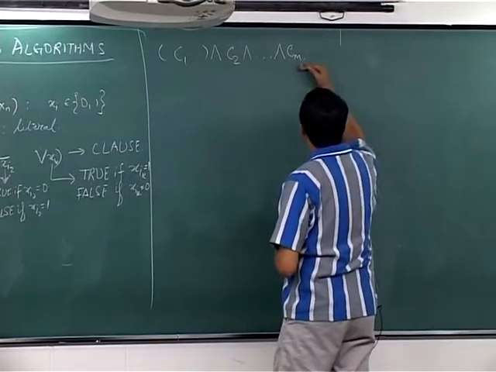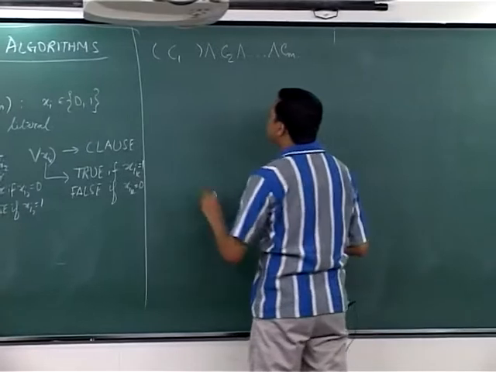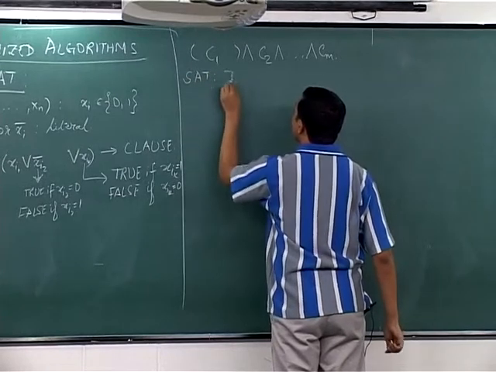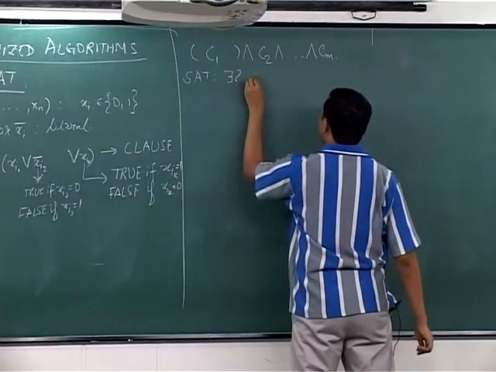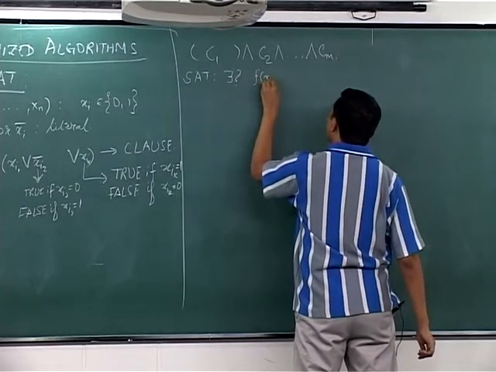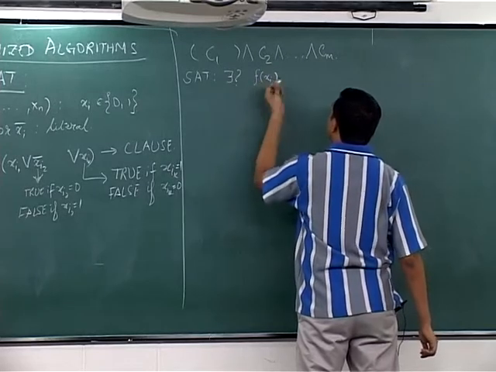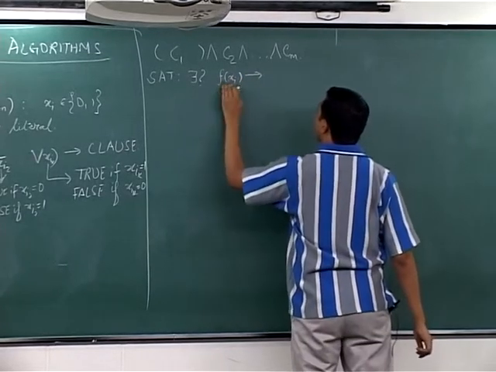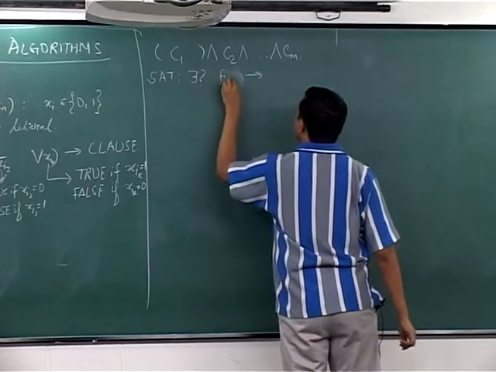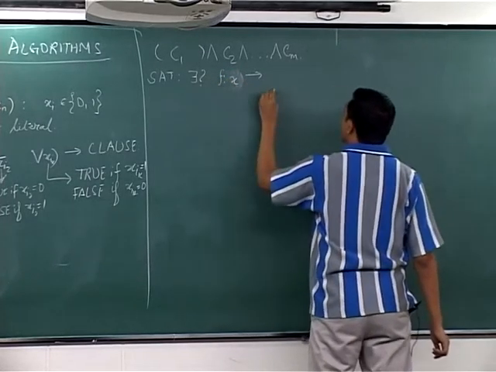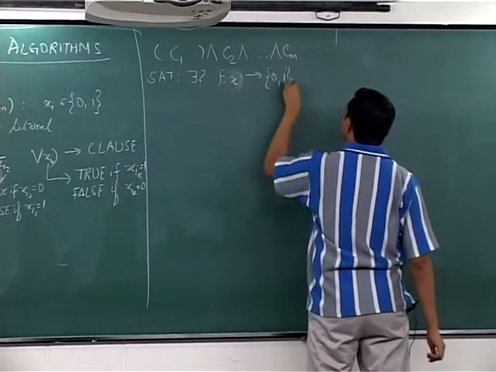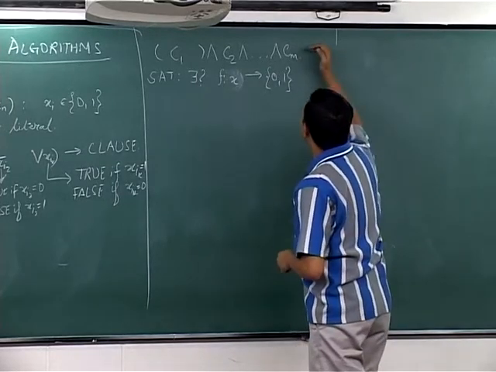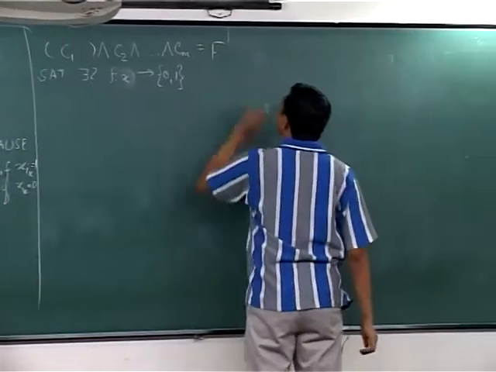So what you have is m clauses in n variables, and the SAT problem is to determine if there is an assignment of values to the variables. x is the set of the xi's, and is there a function, a truth assignment, which will make this formula true?